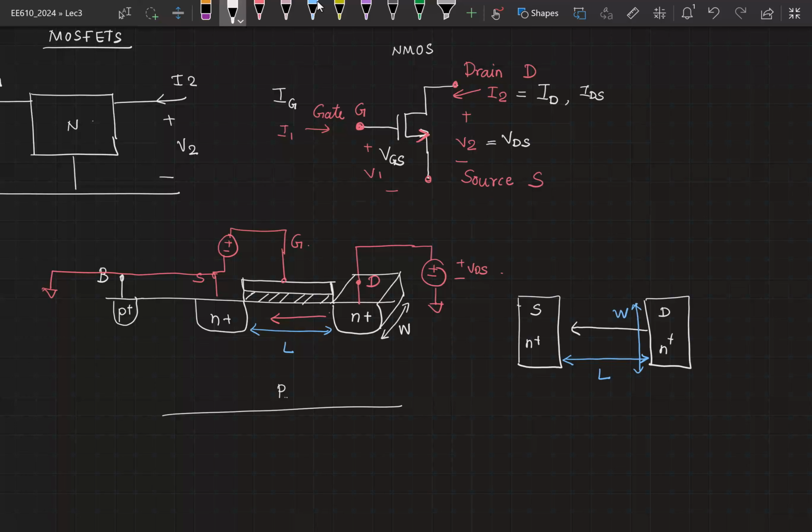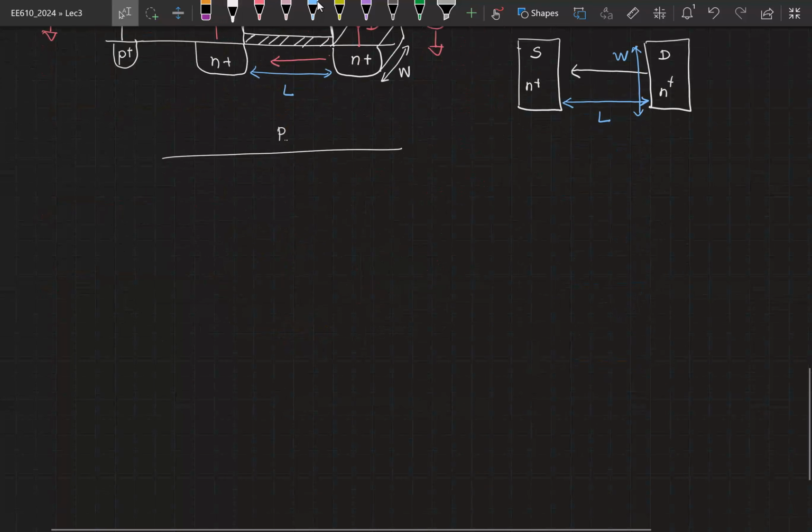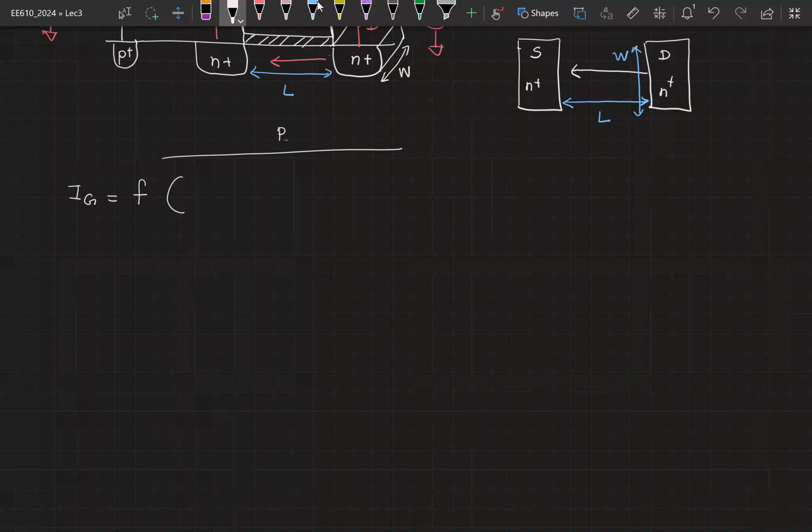Now let us try and figure out how your IG is related to VGS and VDS; it should be some function of them. Similarly, you would expect your drain current also to be some function of VGS and VDS. Let me give you this relationship. Your IG is equal to 0. That's it.